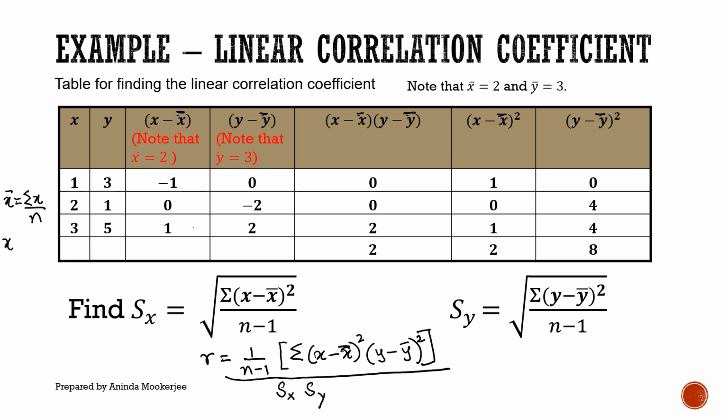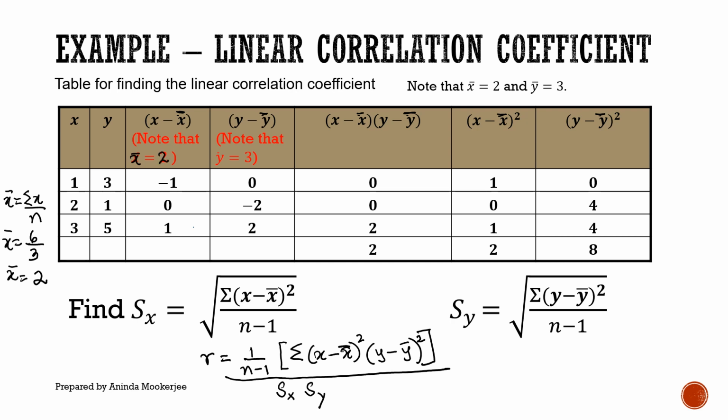So you have to sum up all your x values, which is 3 plus 2 plus 1, which is 6. So it's going to be 6 divided by n, which is 3. Therefore, we'll have an x bar value of 2, correct? And that's what we have here. Note that x bar equals 2.